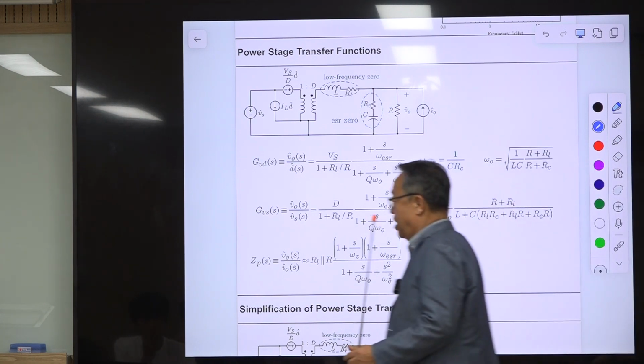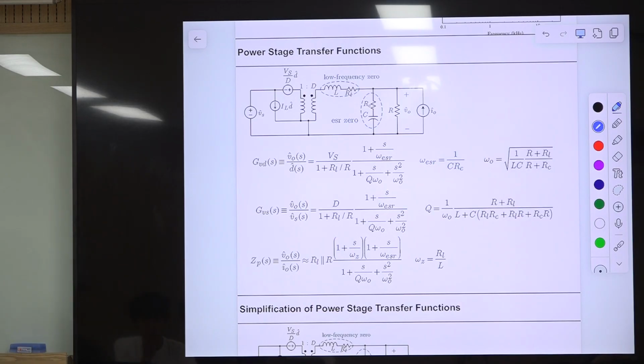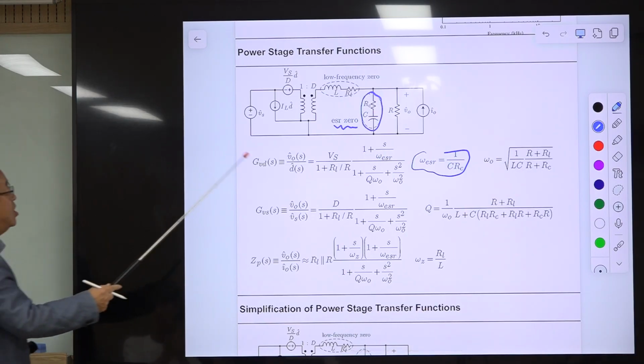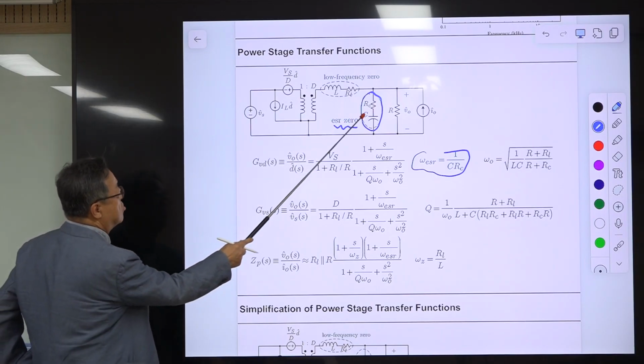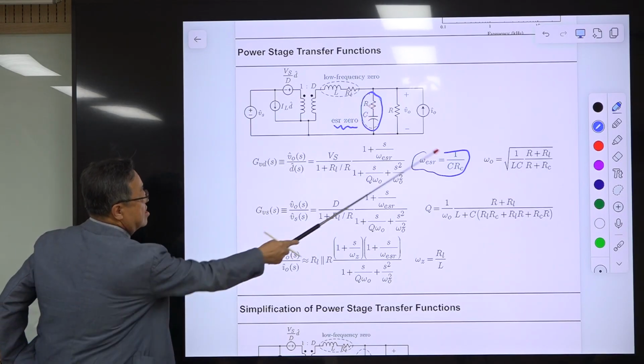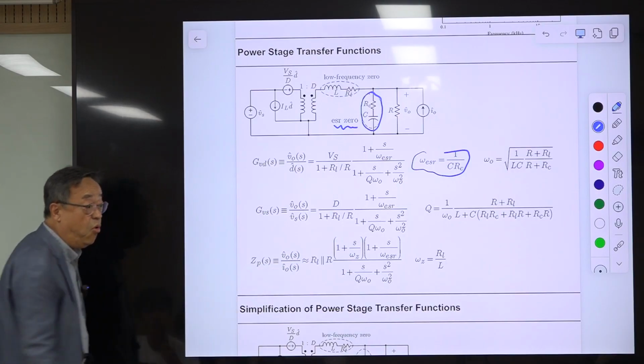This one. And the simplification, let me explain this. This omega ESR is coming from this structure. This is the exact one, right? You have this series combination of the resistor and the C. It always comes up.